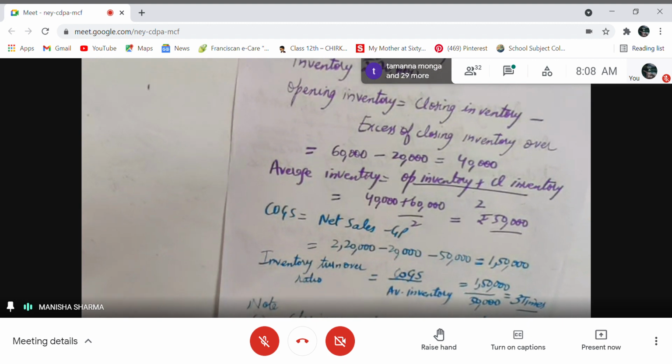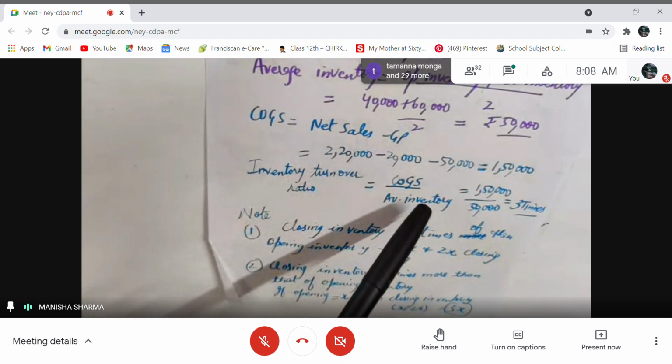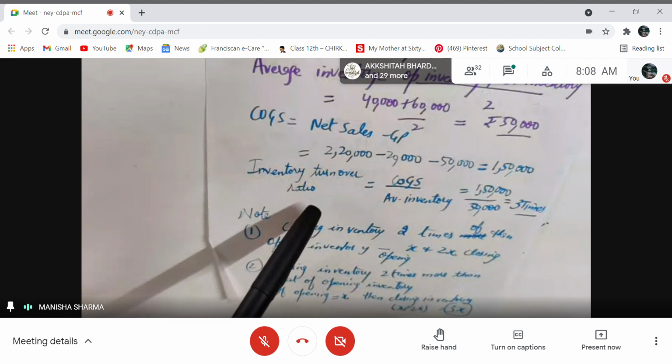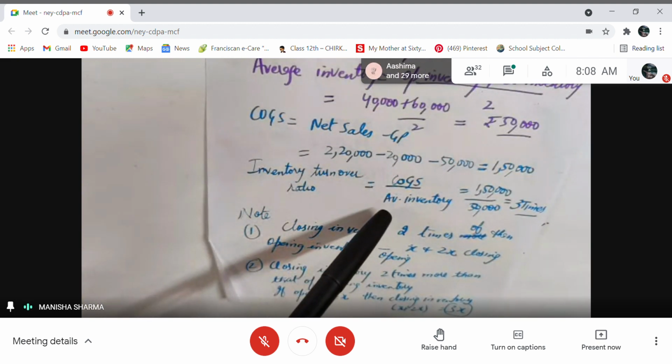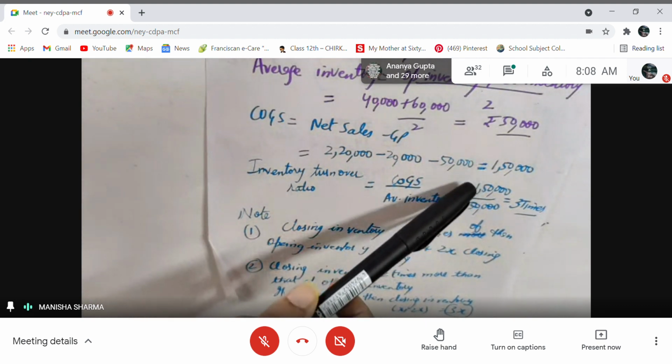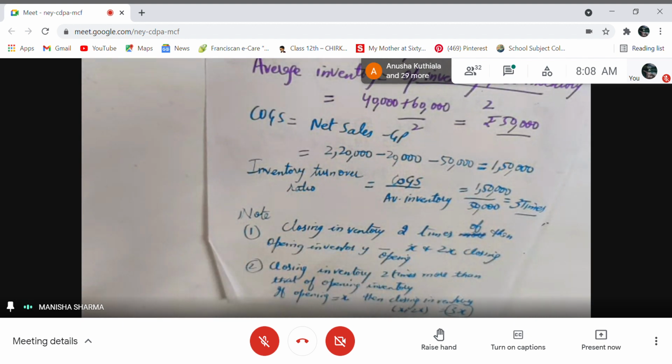Now I can find the inventory turnover ratio easily. Inventory turnover ratio is COGS divided by average inventory. COGS is 1,50,000 and average inventory is 50,000, right? So if I divide 1,50,000 by 50,000, I get 3 times as the answer for the inventory turnover ratio.